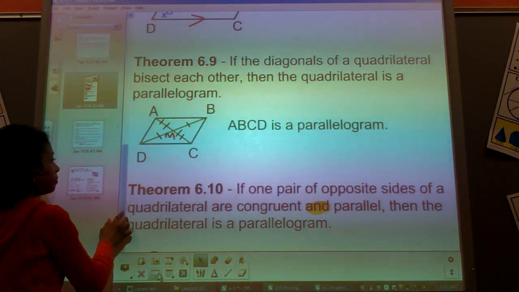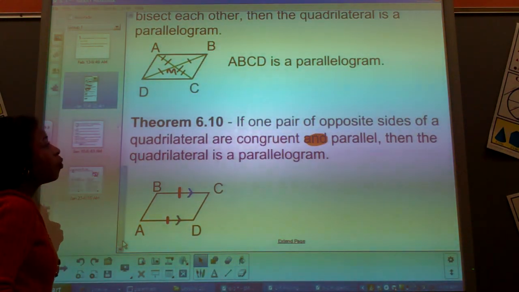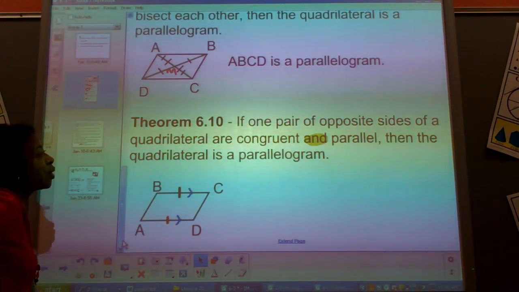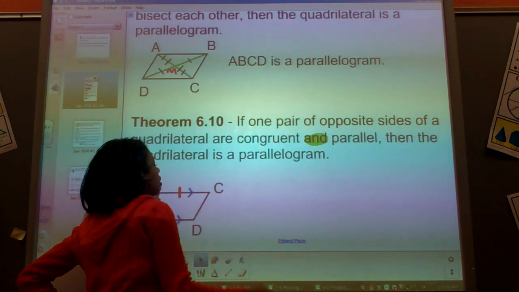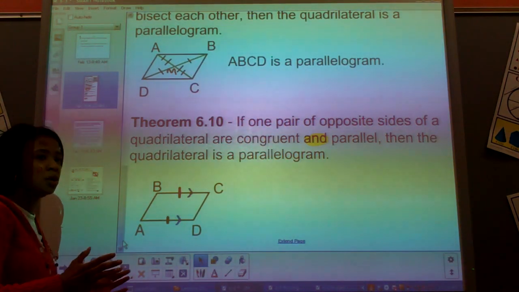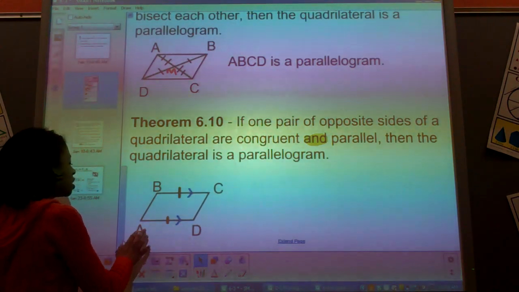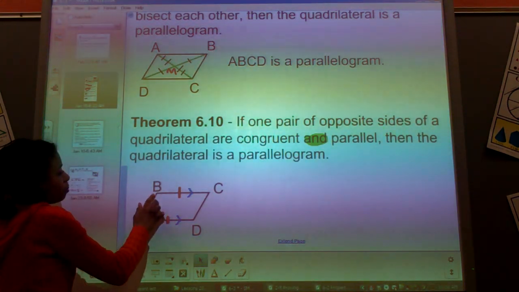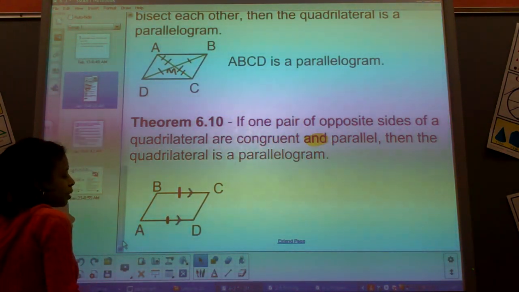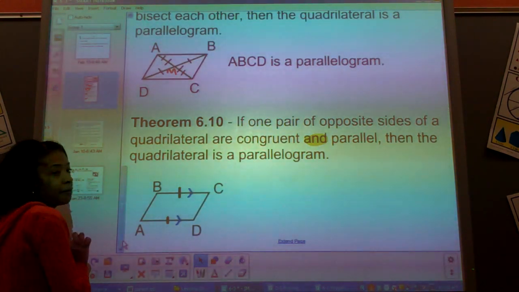Theorem 6.10. If one pair of opposite sides of a quadrilateral are congruent and parallel, then the quadrilateral is a parallelogram. So here's the next thing. On this particular quadrilateral, BCDA, they tell me that BC is parallel to DA.